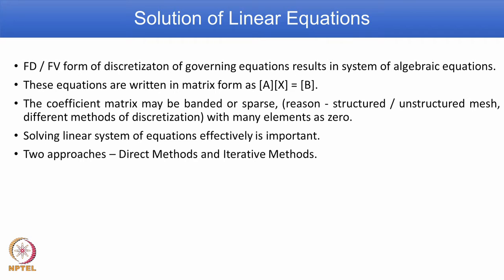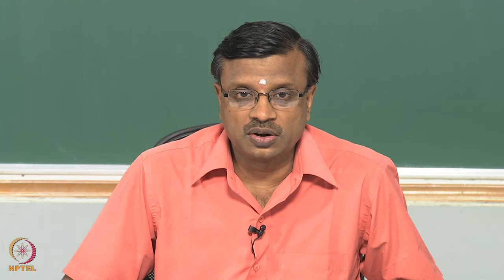There are two approaches, one is direct methods, the other one is iterative methods. To understand this, knowledge of matrices will be very helpful, which you would have studied in your basic undergraduate program. Matrix algebra in terms of Cramer's rule, eigenvalues, pivoting, singular matrix, rank of a matrix, all those things will be very helpful to understand the solution procedure.